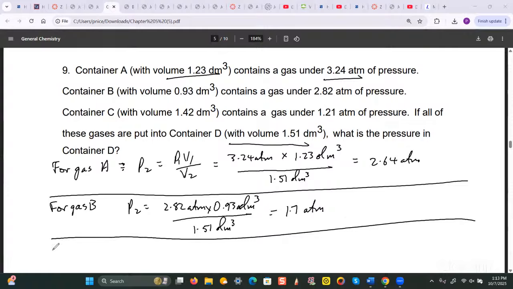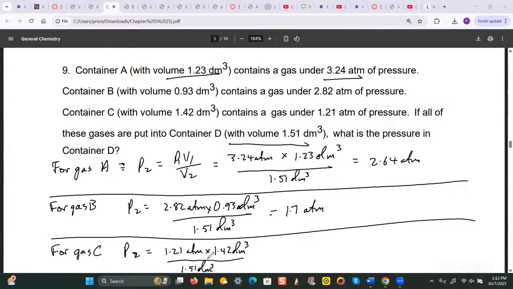So now we get to gas C. For gas C, again, we're calculating the final pressure. What would be the initial pressure, P1, for gas C? 1.21 atmospheres multiplied by V1 for gas C, 1.42 decimeters cubed, and then divided by the final volume, which again is 1.51 dm cubed.